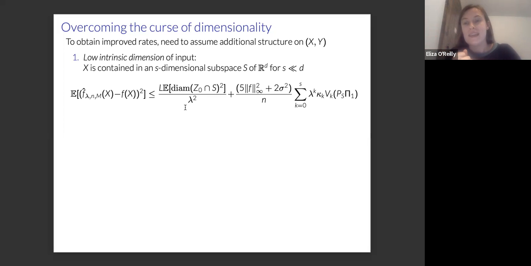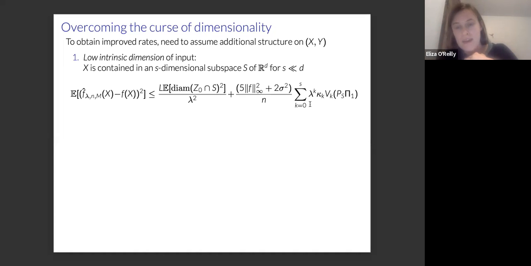The variance is the same as before, but now the associated zonoid is an S-dimensional convex body, and so all of the intrinsic volumes above S are zero. Like the D-dimensional volume of this S-dimensional convex body is zero. And so this polynomial is now just on the order of lambda to the S as opposed to lambda to the D.